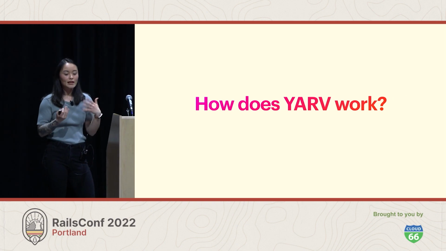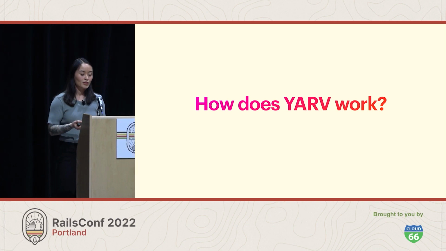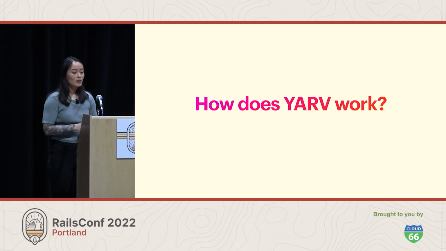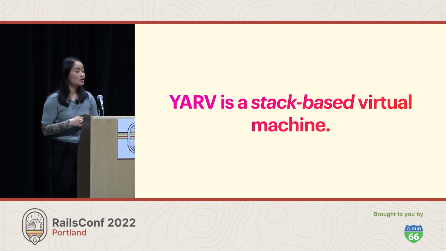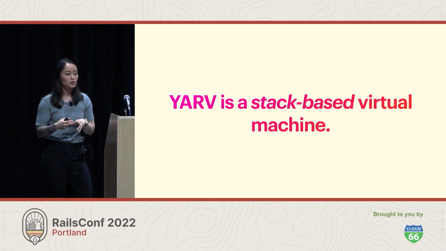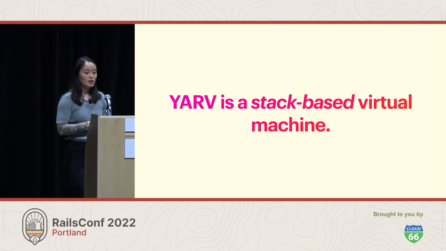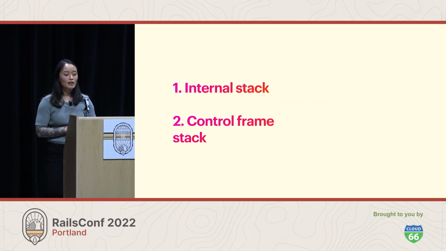So now that we have an idea of what a VM is, how does YARV work, or how does the Ruby VM work? The first thing you gotta know is that YARV is a stack-based virtual machine. And what that means is that YARV uses a stack data structure to store values in memory. So in particular, YARV maintains 2 stacks. The first one is an internal stack, and the second one is a control frame stack.